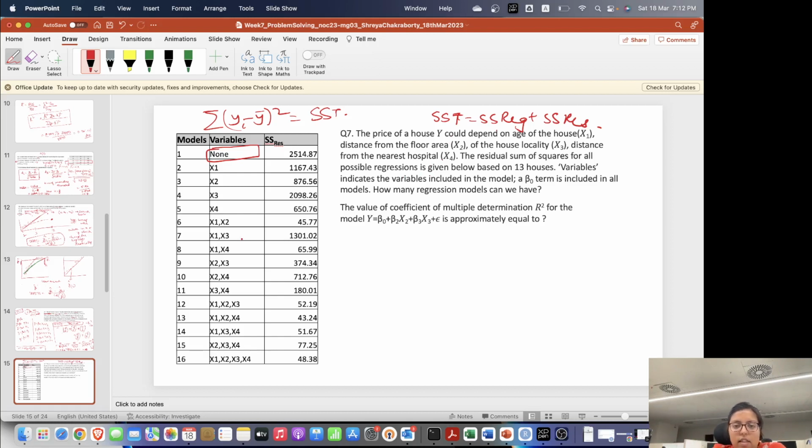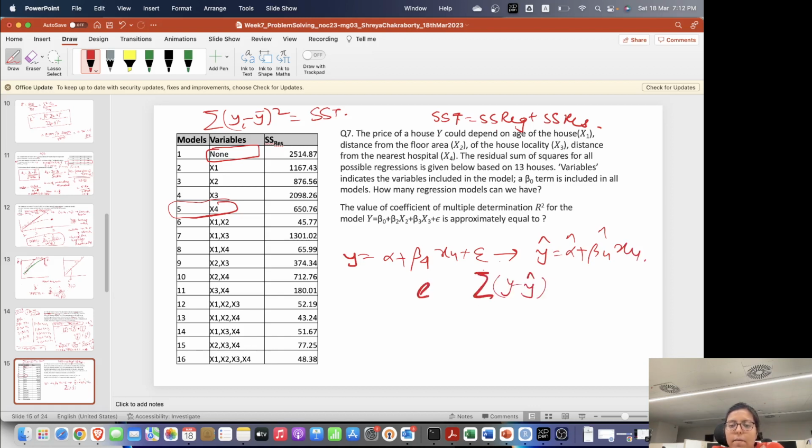Okay. So, if we take any random model, let us say we take this one, this means that we have fitted y equals alpha plus beta 4 x4 plus epsilon, and then we got y hat equals alpha hat plus beta 4 hat x4. We calculated y minus y hat, summed it up, and we got the SS residuals as this value, 650.76.